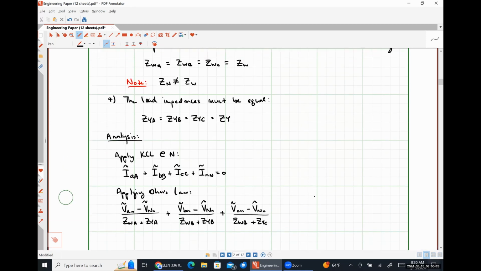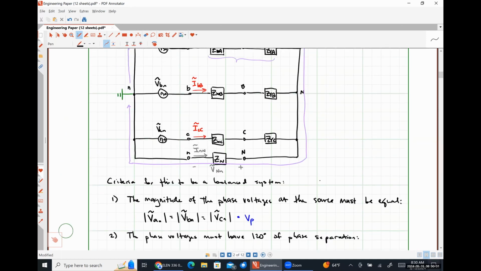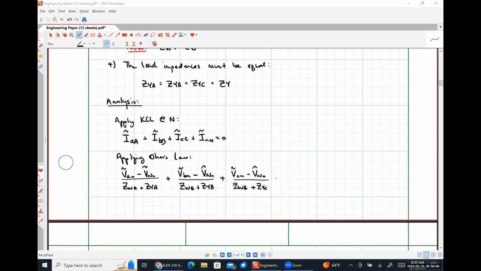And lastly, I have my neutral conductor current, which I can see very quickly is flowing into the negative polarity terminal. So INN is going to be negative VNN divided by just ZN. I did, thank you. I'll fix that. Absolutely did. Okay.